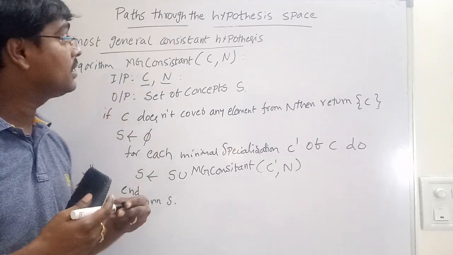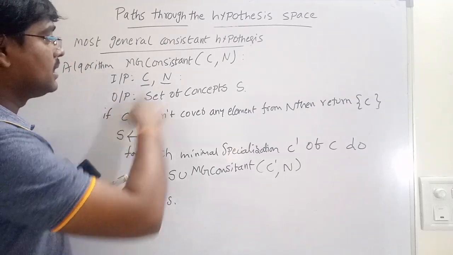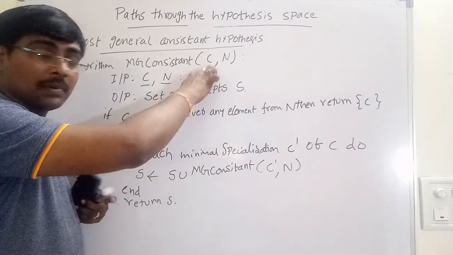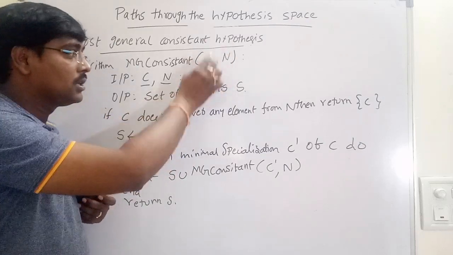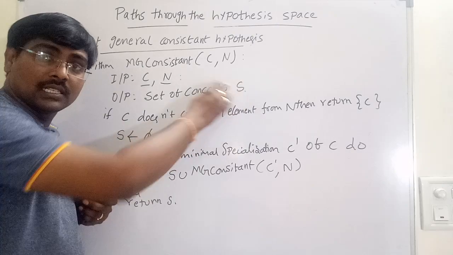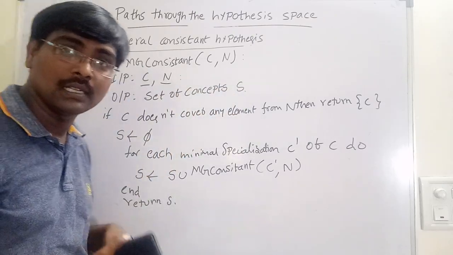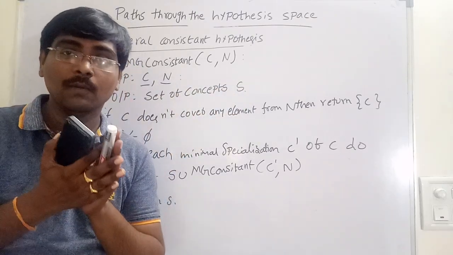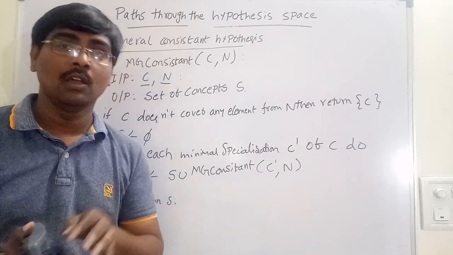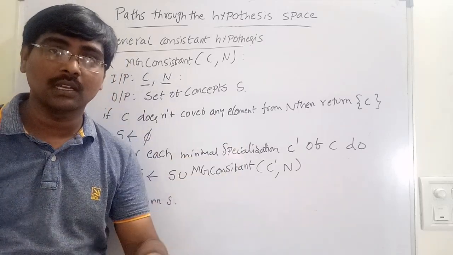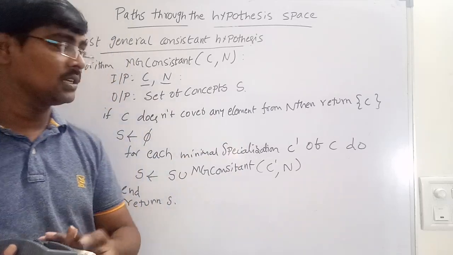Okay, return S. So observe, C is the concept, and for this concept N is the set of negative examples. S is the set of concepts. Among the most general specializations, we have to find the minimal specialization. How are we finding the minimal specialization?